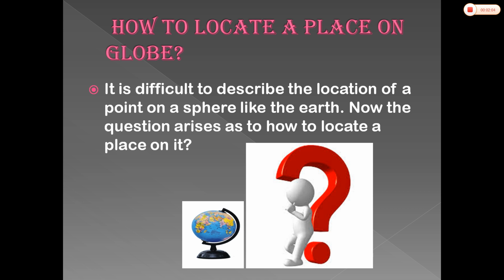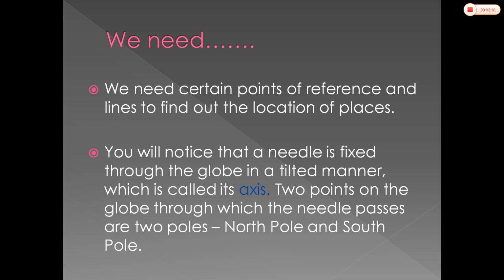Now the question arises: how to locate a place on a globe? It is very difficult to describe the location of a point on a sphere like the Earth. You know very well the Earth is a sphere, and it is very difficult to locate anything on the spherical shape. So now the question arises how to locate a place on it. Now what do we need?